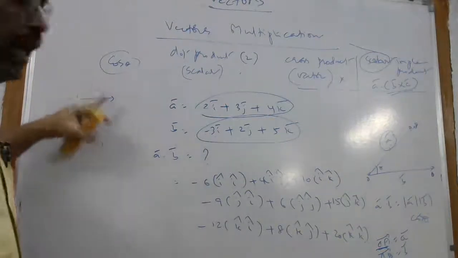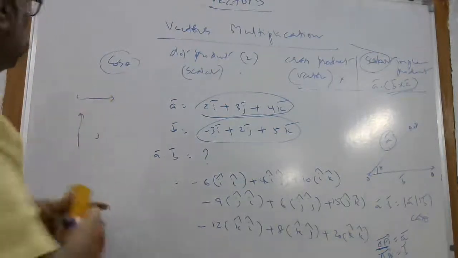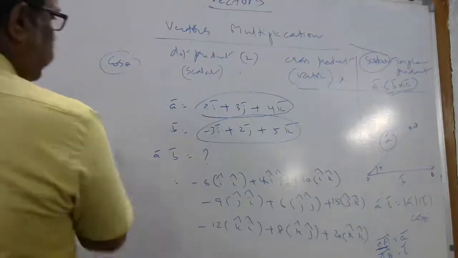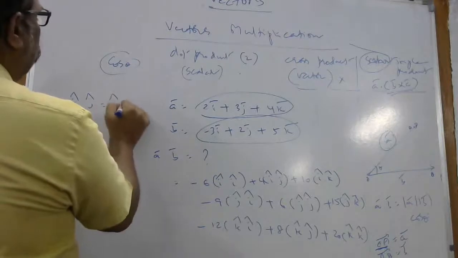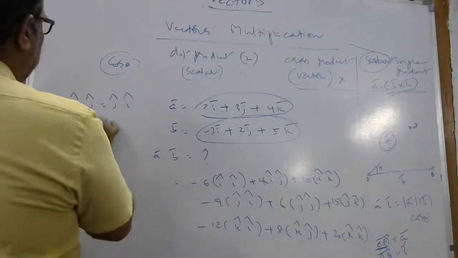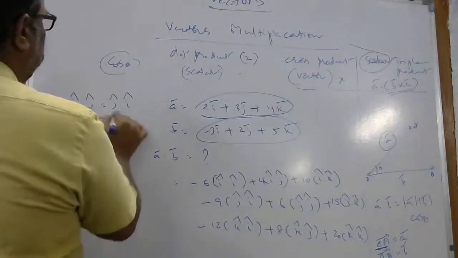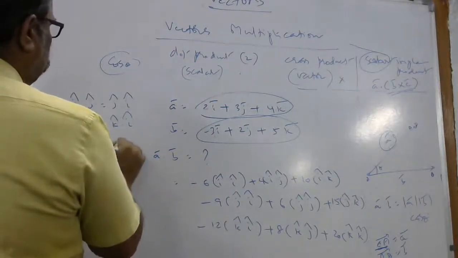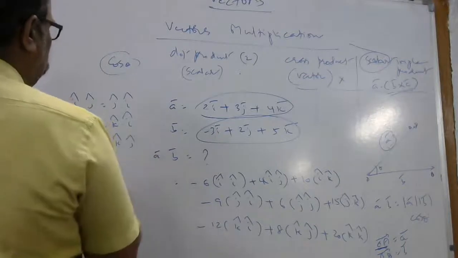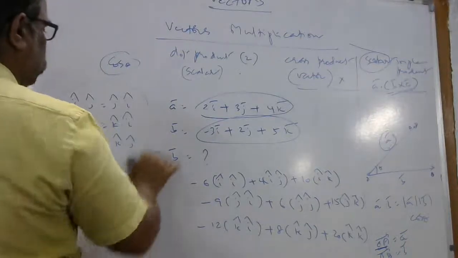Yes. So I bar and I bar are parallel vectors. Cos 0 is 1. But I cap dot J cap, I cap dot K cap, J cap dot K cap, all of them become 0 because they are perpendicular.